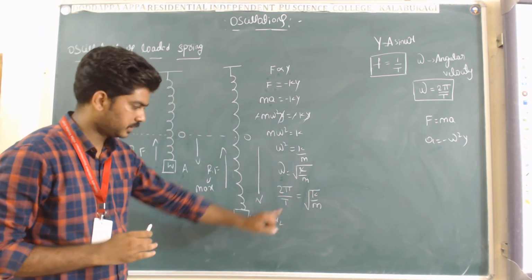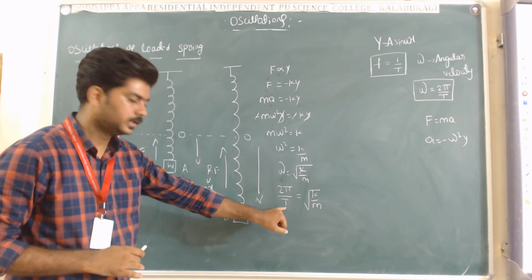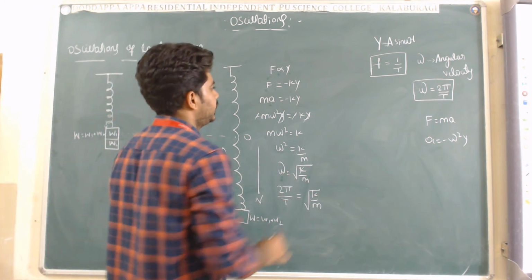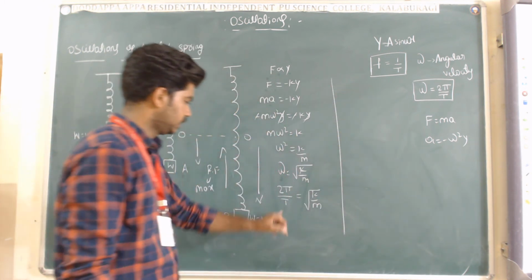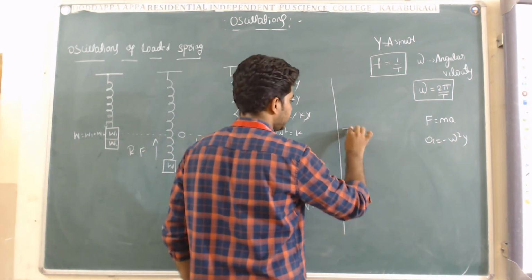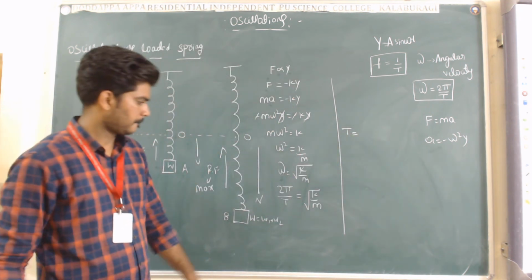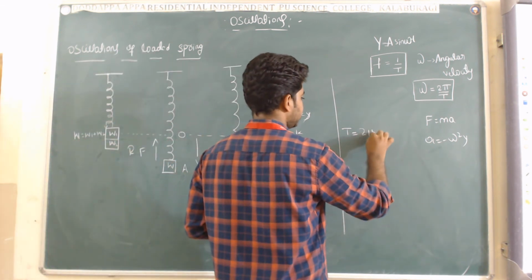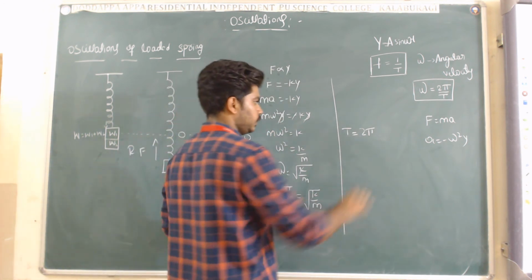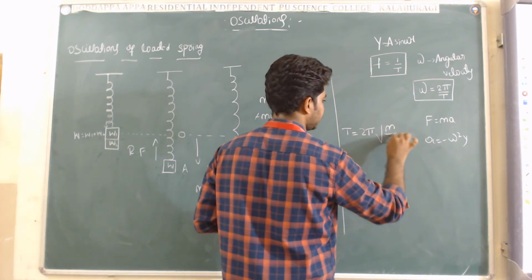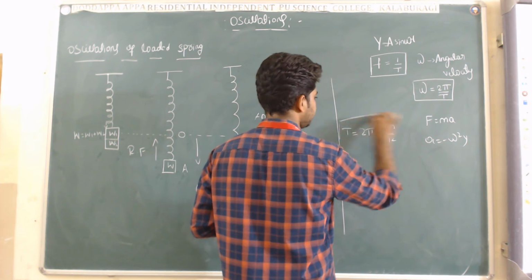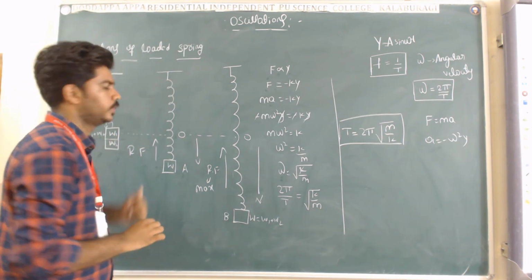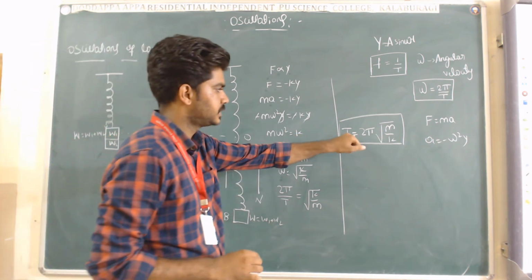What we need to get here is T. If you rearrange some terms in this equation, we get T equals 2 pi under root m by k. This is the time period of oscillation of the loaded spring.